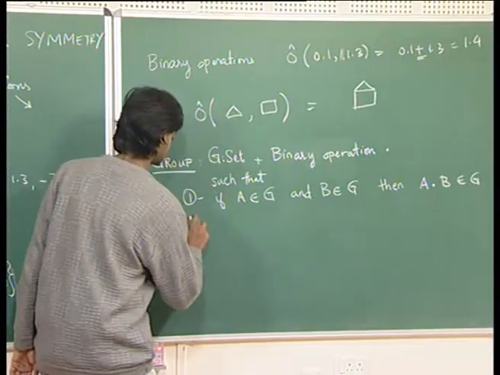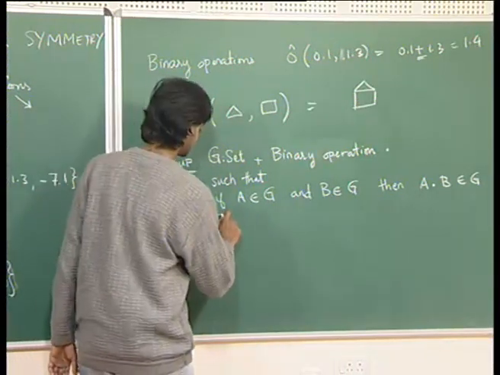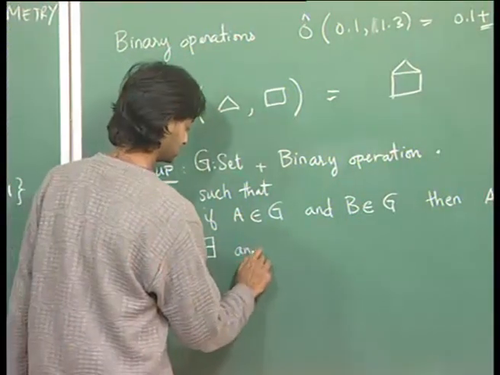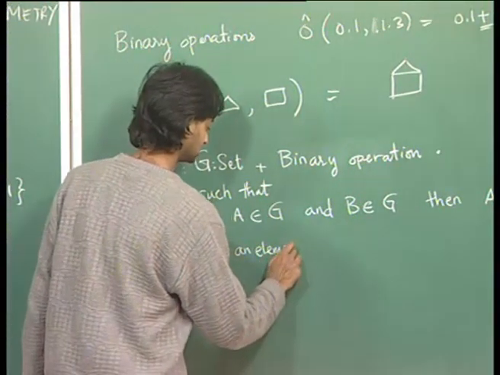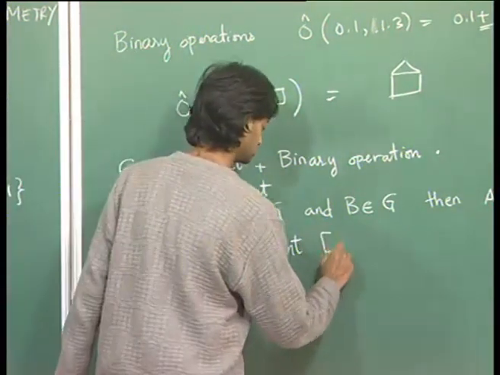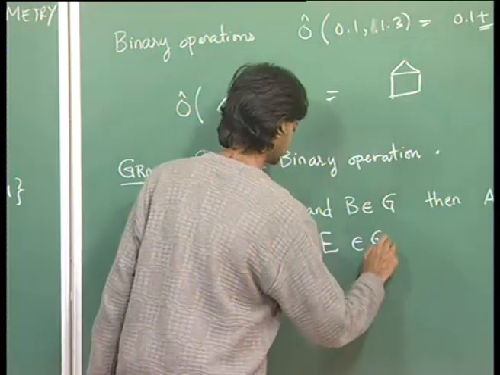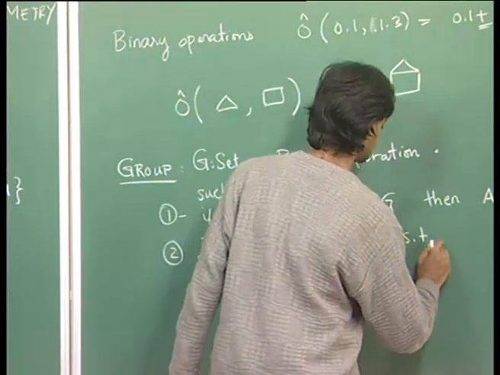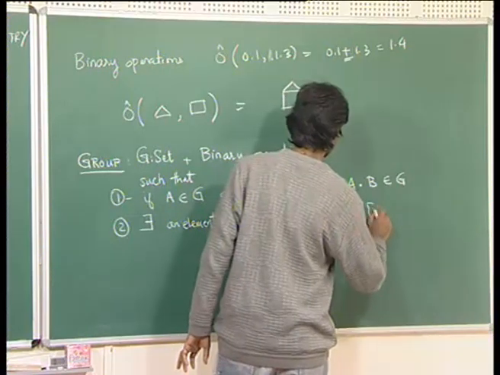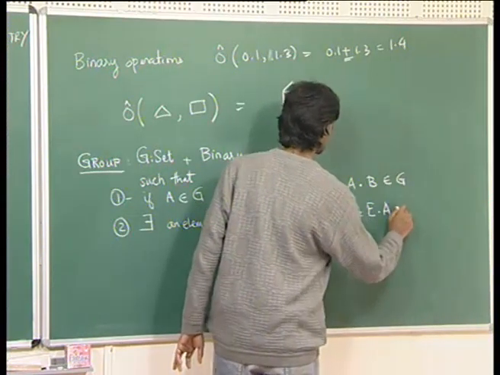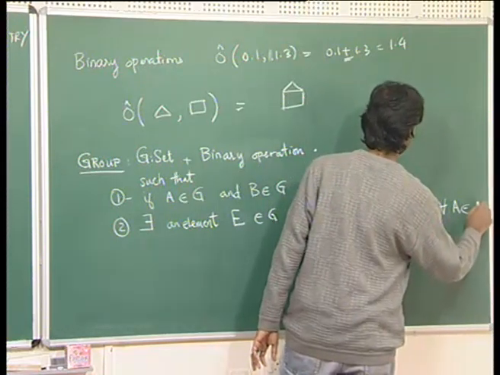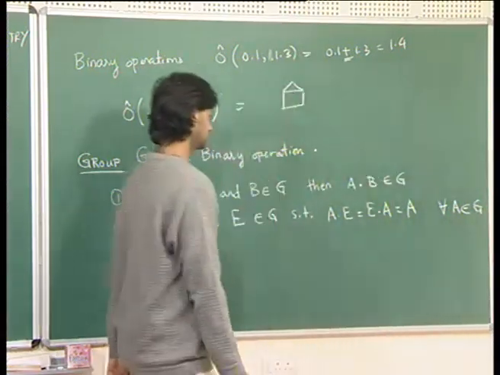Second property is there exists an element, which we call E, in G such that A dot E equal to E dot A equal to A for all A contained in G. Okay.